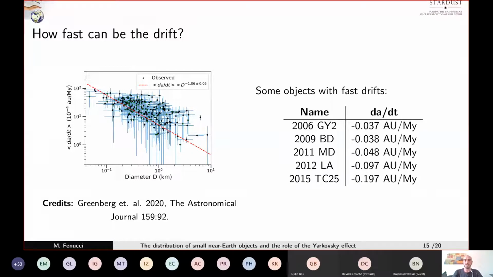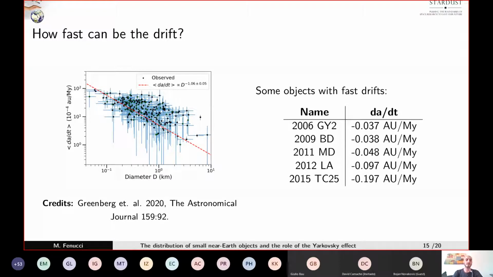So these measurements already provide some clues that small guys can actually reach the level of drift that we need to see some changes in the orbital distributions and in the lifetimes.